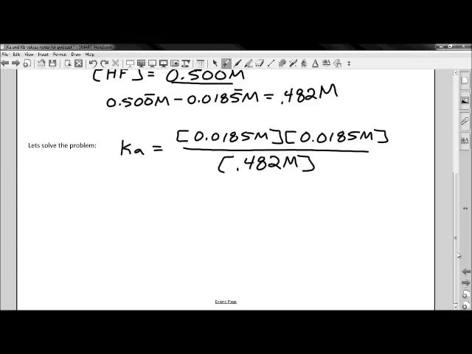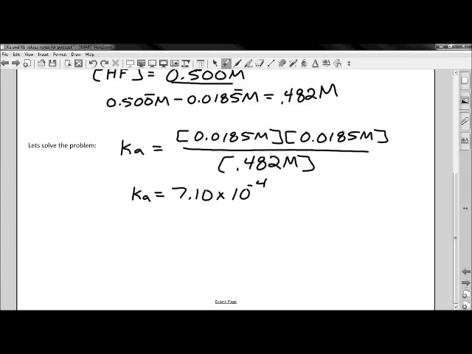Alright, plugging them in. And what do we get for Ka? Ka is equal to, in 3 significant figures, I get 7.10 times 10 to the -4th. So, what does that all mean?